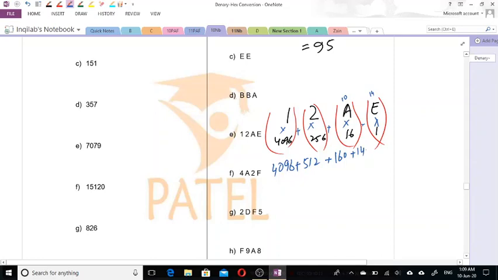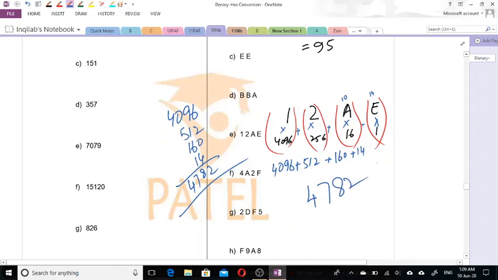Now we have the numbers 4096, 512, 160 and 14. We calculate the sum of these numbers. 4782. This is the denary value of the hexadecimal number.